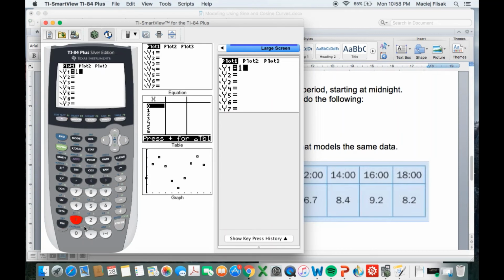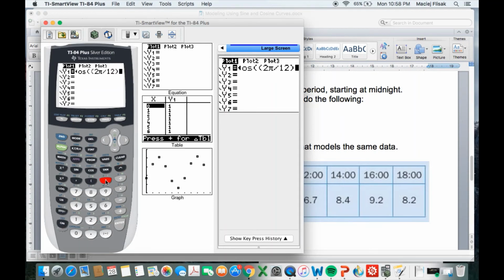1.8 cosine. I'm going to put a parenthesis. Let's see, 2 pi divided by 12.